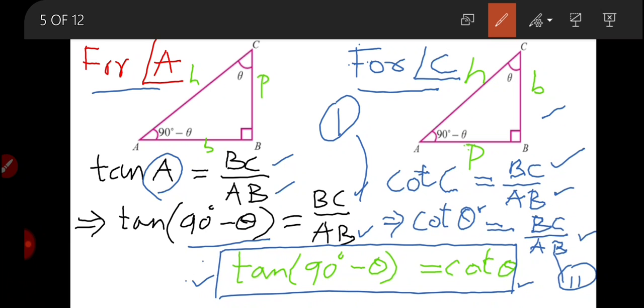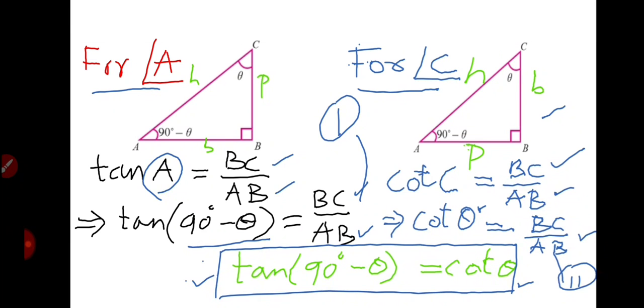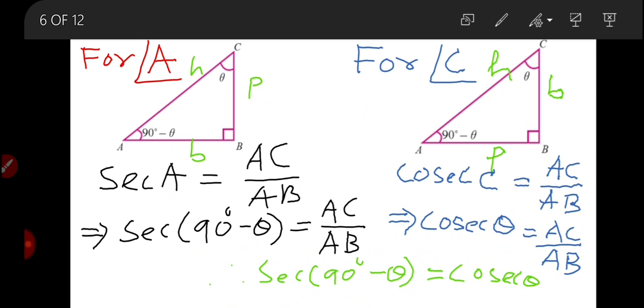Okay, next. BC is your P, the perpendicular, AB is your base, and AC is your hypotenuse. For angle C, the base is your BC, the perpendicular is your AB, and the hypotenuse is your AC. So now we take the trigonometric ratio sec.